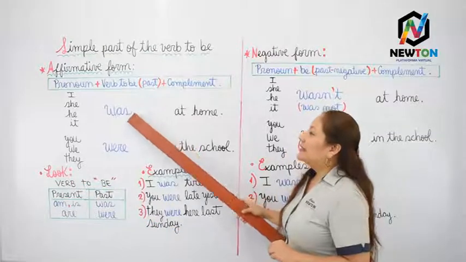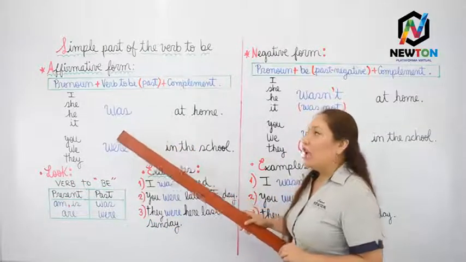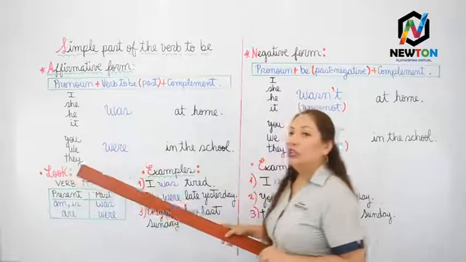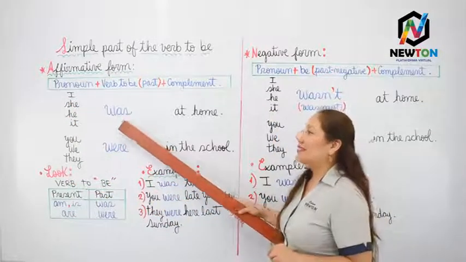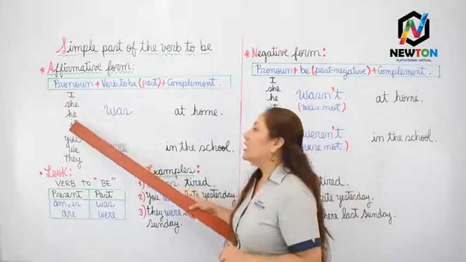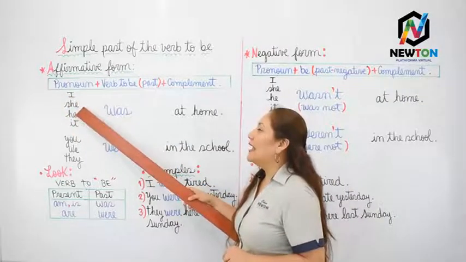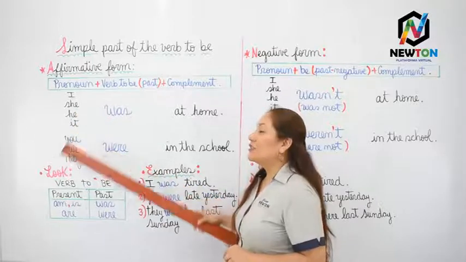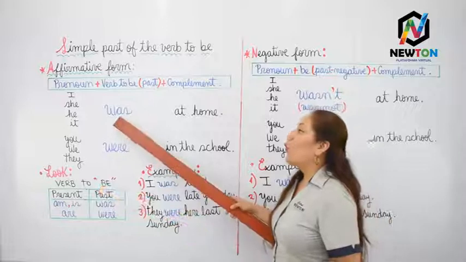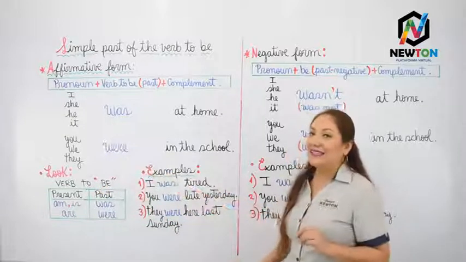The past was. With I, she, he, it, use was. Con los pronombres I, she, he, it, yo, ella, él, eso, vas a utilizar the verb to be was, in past.